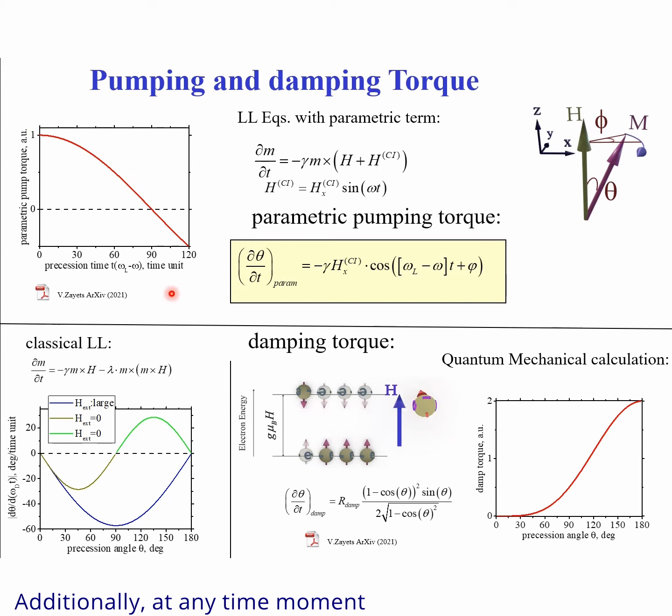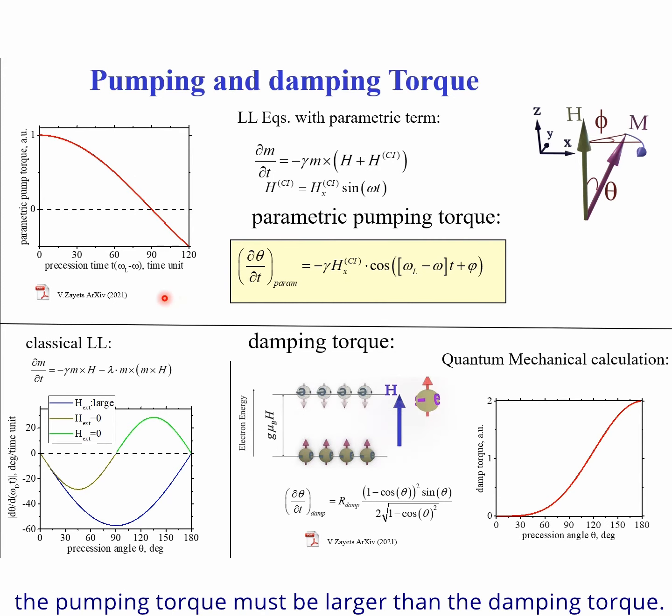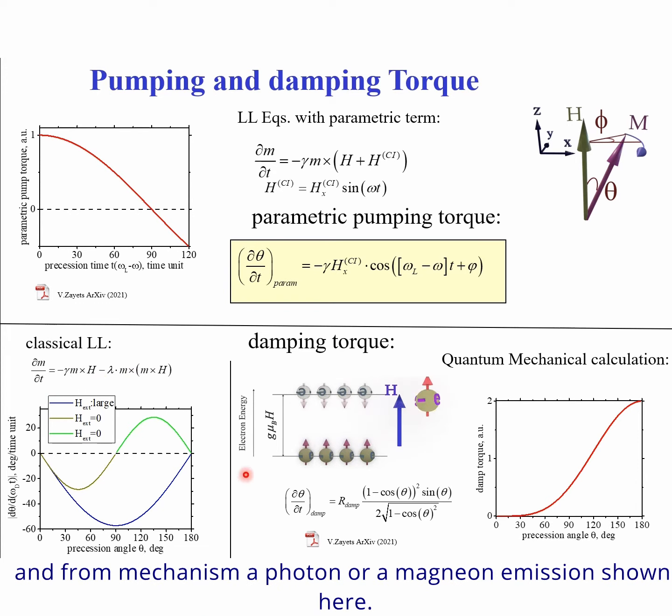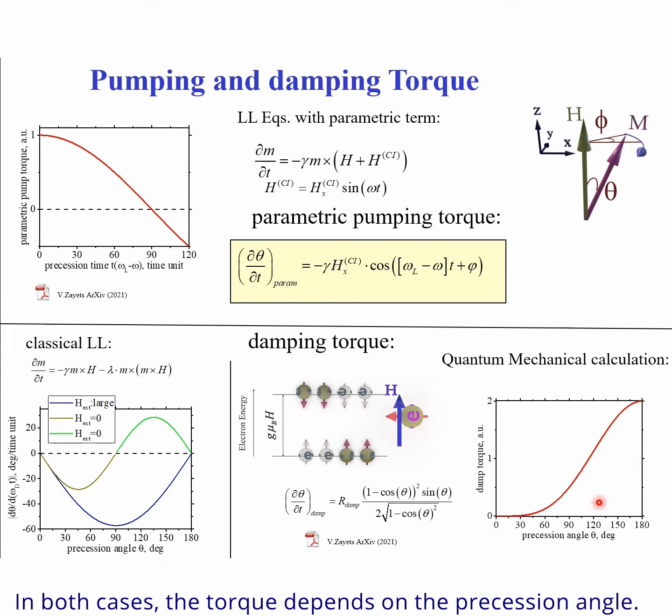Additionally, at any time moment, the pumping torque must be larger than the damping torque. The damping torque was calculated from the Landau-Lifshitz equations here, and from the mechanism of photon or magnon emission shown here, and calculations here. In both cases, the torque depends on the precession angle.